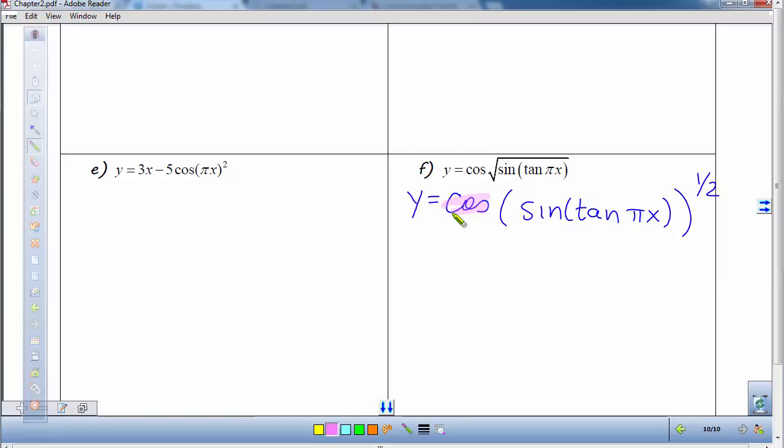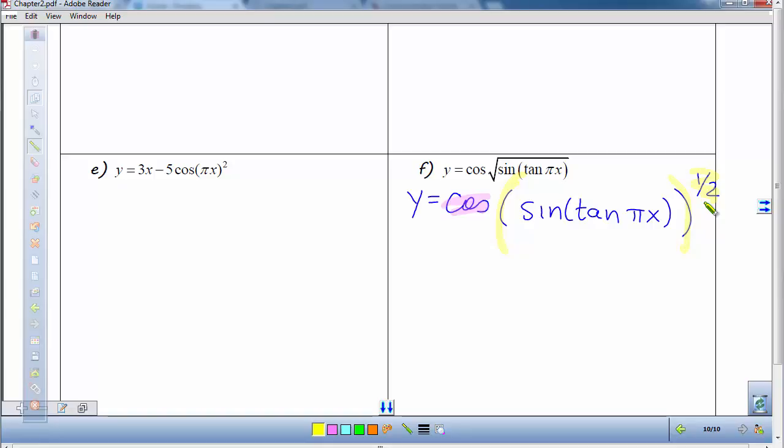No, cosine is on the outermost. We're taking cosine of, and the 1/2 is part of the of. Okay? So cosine is on the outermost layer. Then from there, what's next? Nope. What is it? The 1/2. Got to deal with that. Okay.